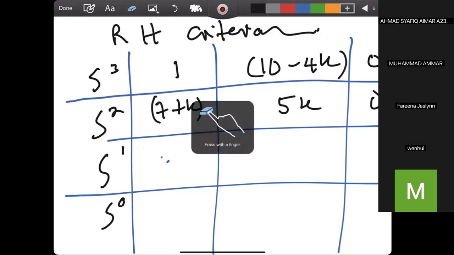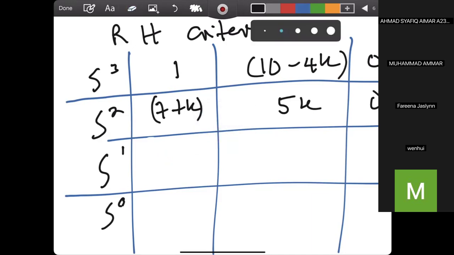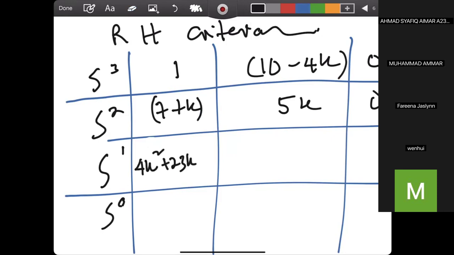How did you get it? Using determinant. And this one, the last one, 5k.